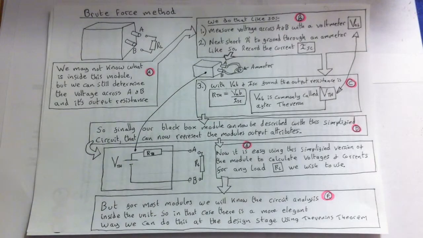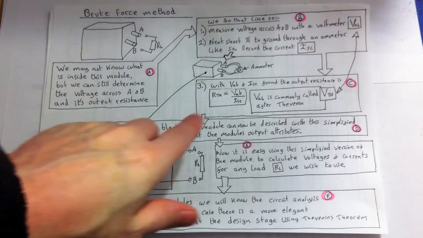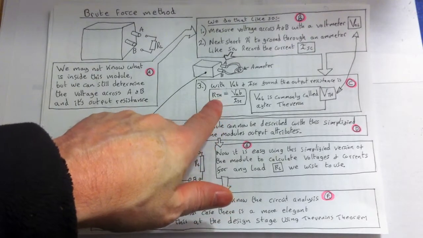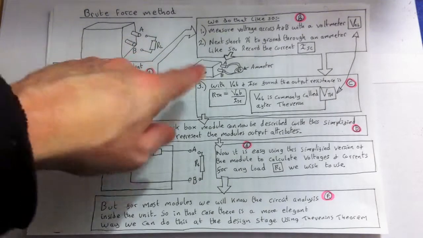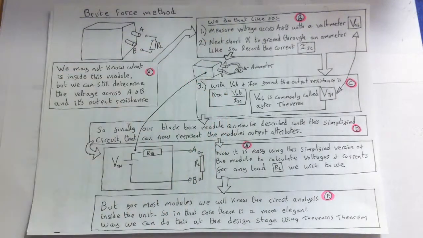And then finally, with the voltage found with the voltmeter and the current known with the ammeter, we can find the resistance simply by using Ohm's law, which will be the voltage we measured divided by the short circuit current.